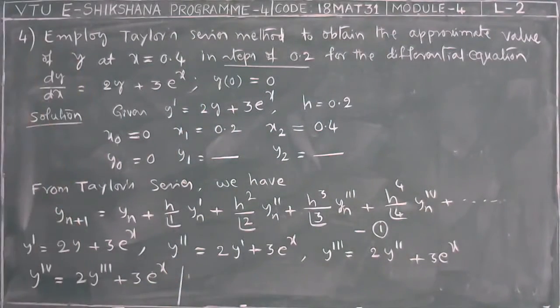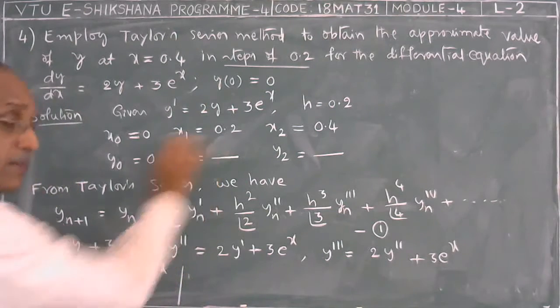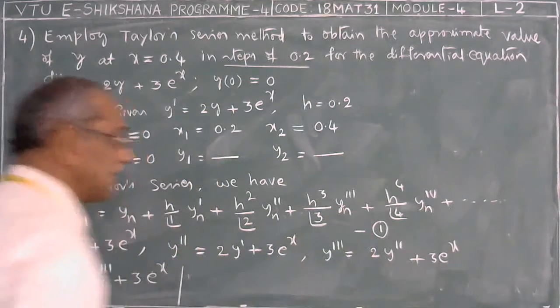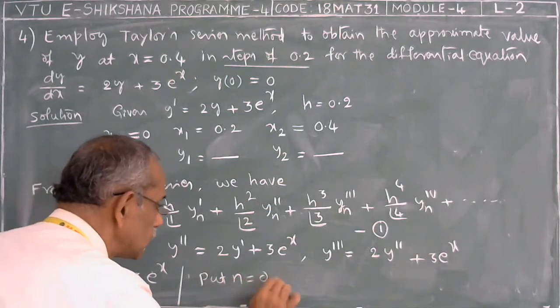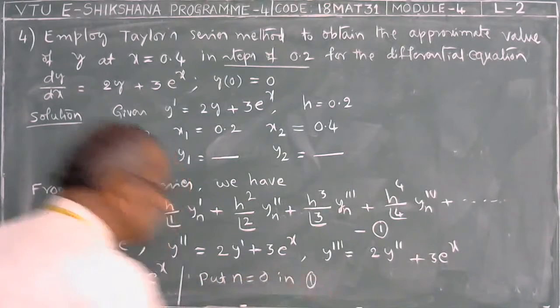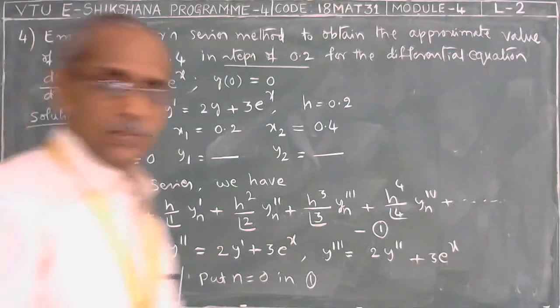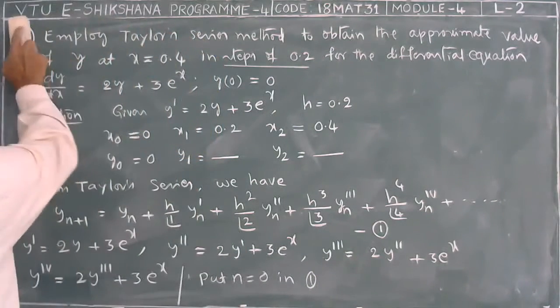Now let me calculate. I want to find y1 first, so I will put n is equal to 0 in equation 1 to get y1.